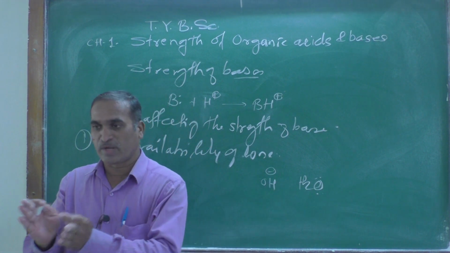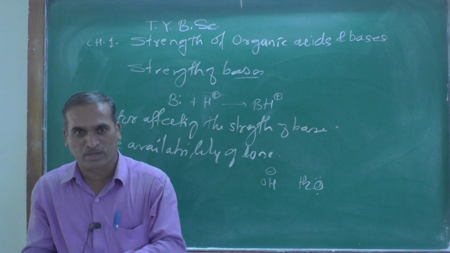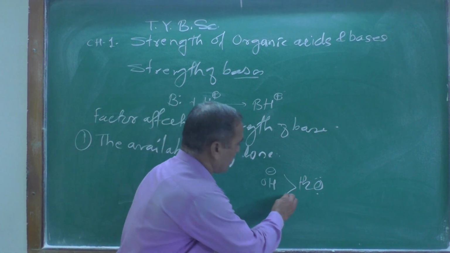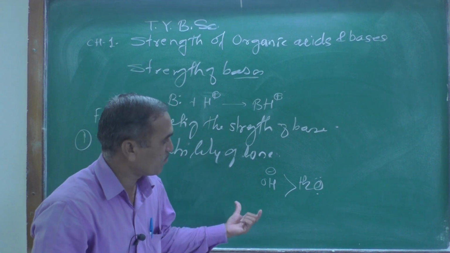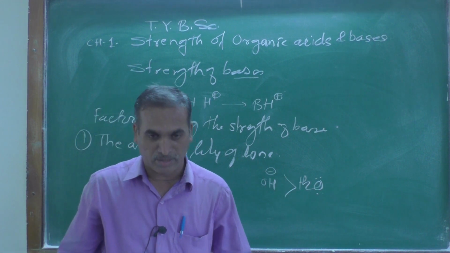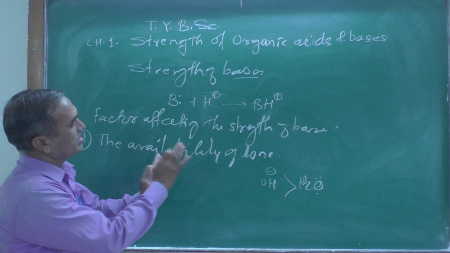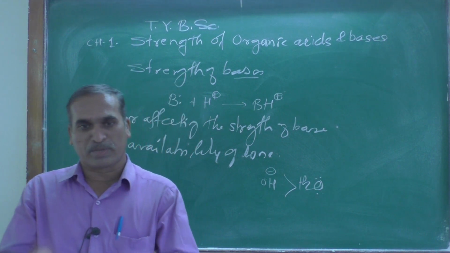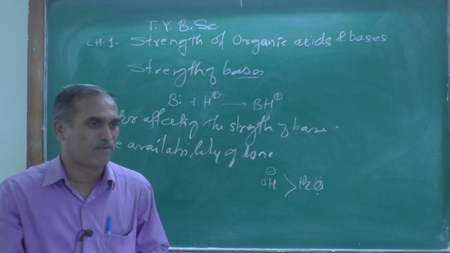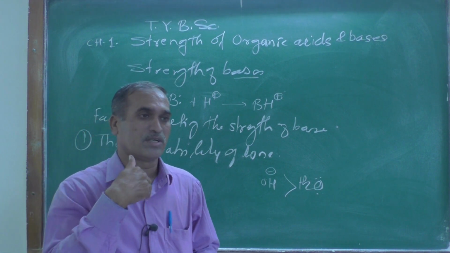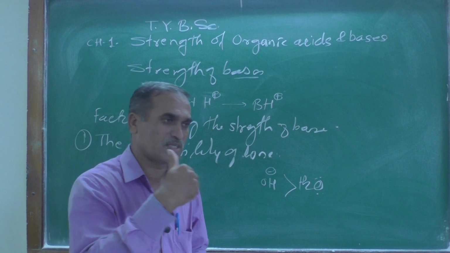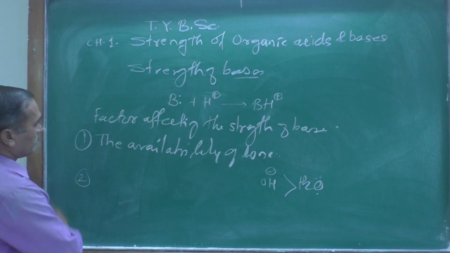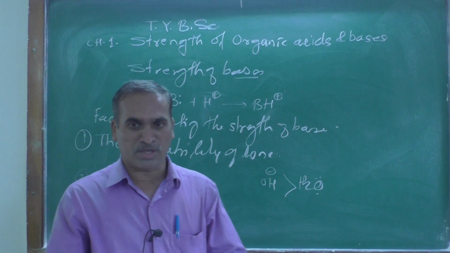Hydroxide is more basic than the water molecule. That is the meaning of availability of the lone pair. If the lone pair is readily available, the strength of basicity goes on increasing. So that is the first factor affecting the strength of a base.